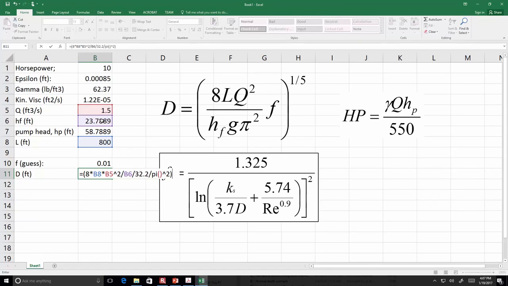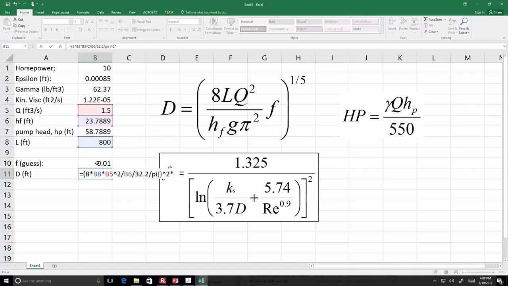And we also need to multiply by F. Well, it saves me from having to put parentheses because I've got 3 terms in the denominator: H sub F, G, and pi squared. So I can divide by them, multiplied by each other, or just divide over and over again. It's like a little shortcut I sometimes do in Excel just to confuse students. Eventually it'll confuse me too, so it'll be payback.